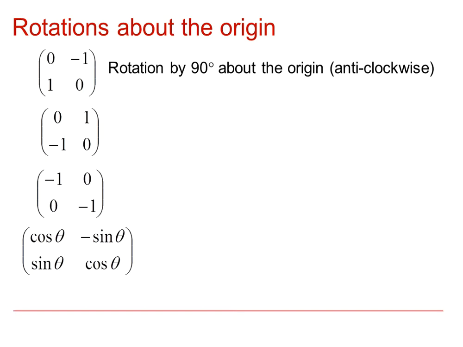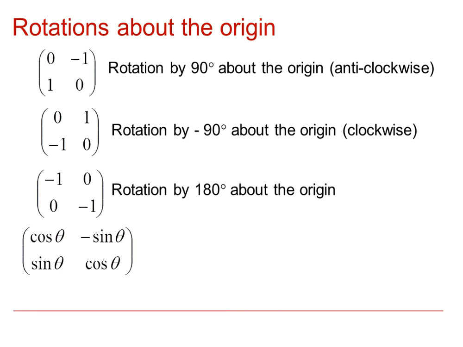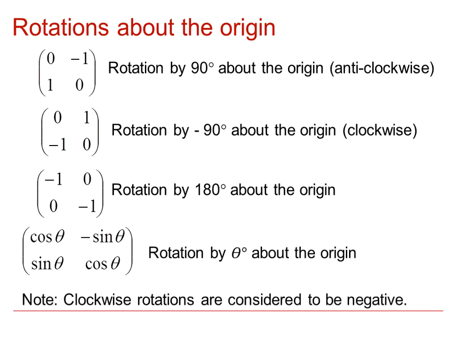The direction of the rotation is very important. And then we have a rotation of minus 90 degrees about the origin, a rotation of 180 degrees about the origin, and be careful with the last rotation matrix. It's a rotation of theta degrees about the origin, and a clockwise rotation is considered to be a negative rotation.